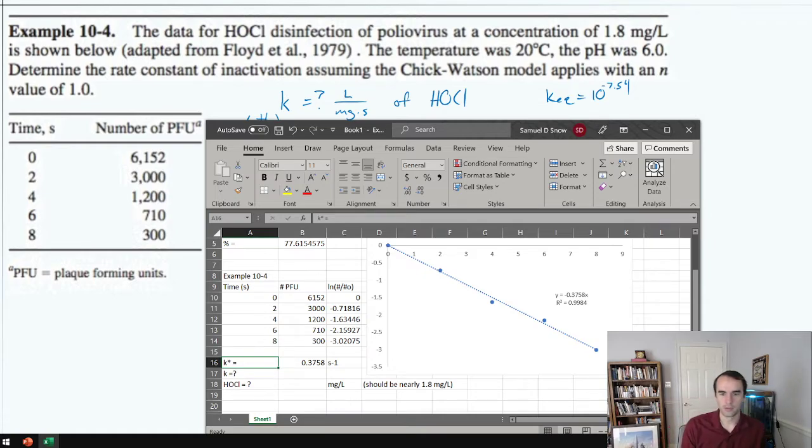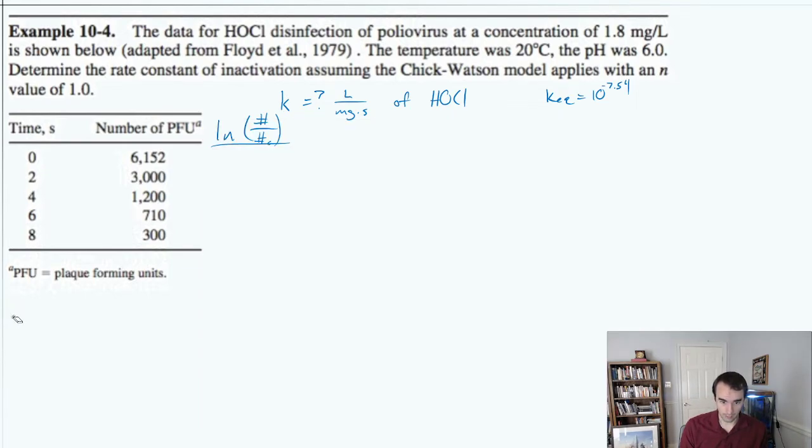So remembering back to our Chick-Watson kinetics a moment ago, we said that k star is going to be equal to the k that we're looking for times the concentration to the n power. And we're going to assume that n is 1. I said that here. So we're just going to get rid of that.